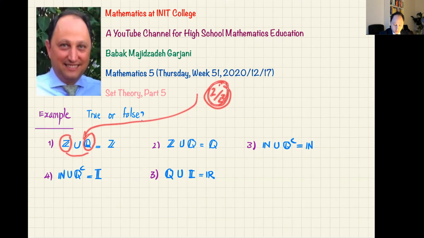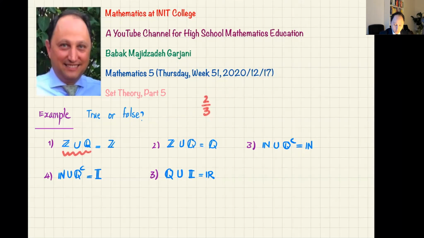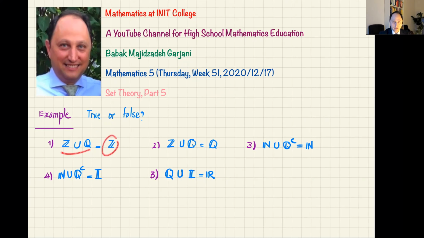So if I ask you at the end, do you believe that 2/3 is an element of this set? You would say yes. But now if I ask you, do you believe that 2 over 3 is an element of this set? You would say no. So this equality cannot hold because I found an example of an element which is inside this set but not in that set. They cannot be equal. So yes, that is false.